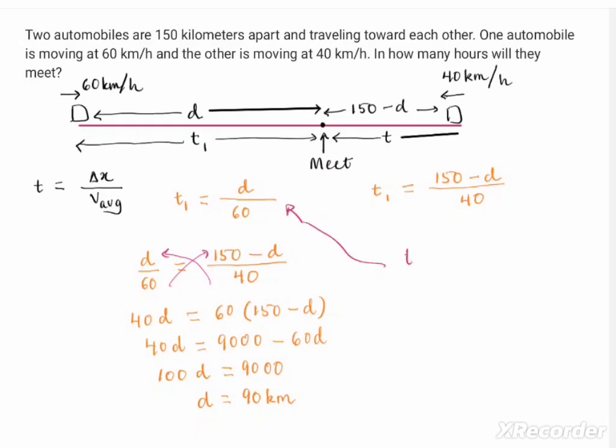So we have t equals d, which is 90 kilometers, divided by 60, and remember this is 60 kilometers per hour. So that gives us t equals 1.5 hours. You see that the kilometers cancel in this equation.